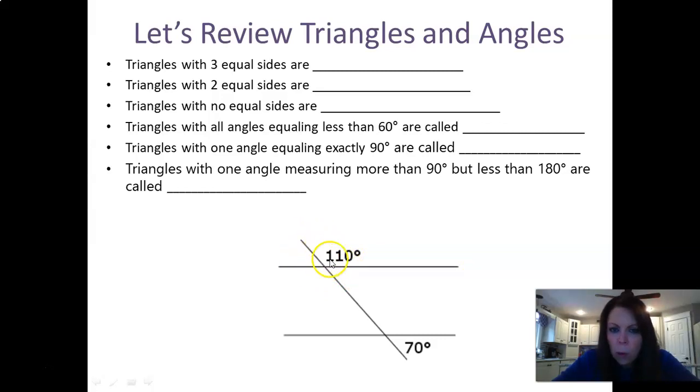So if this portion is 110, then this portion has to be whatever the difference is to get to 180. So 70 degrees plus 110 equals 180. So what is also true is that this angle and this angle would be identical. So this is also 110. And if this one is 70, this one is also 70.